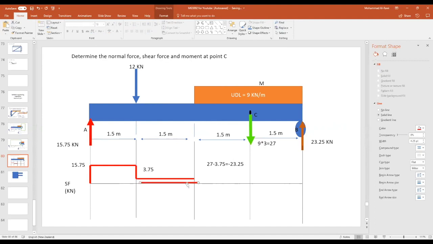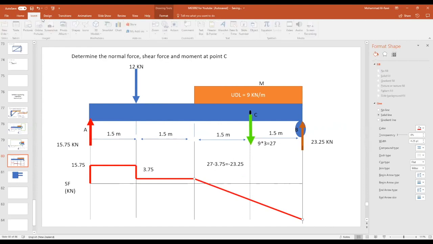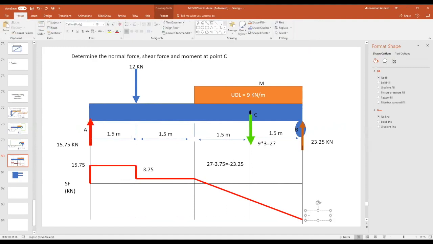Control C, Control V. I will take just this line. Because it's UDL, it should go somewhere like this. And then I put a value here of minus 23.25. And look carefully, what do I have?